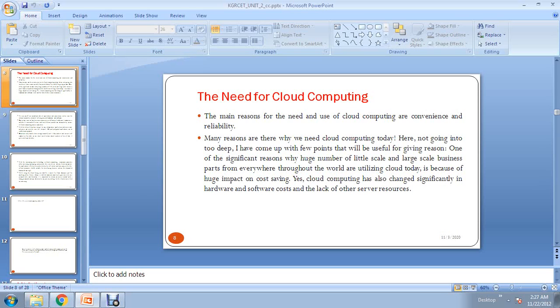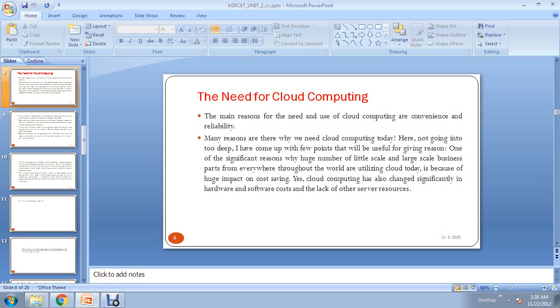One major issue is, for example, for industrial-oriented persons, people running large and small scale businesses. You have established one company. In that company, it requires employees, hardware components, software components, and so on.